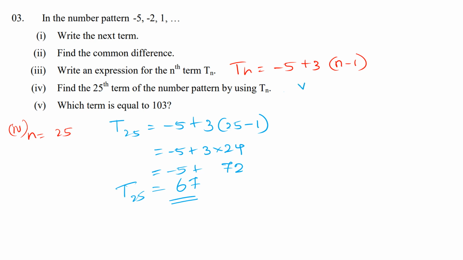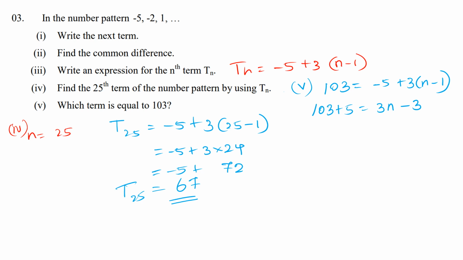So in the question part 5, which term is equal to 103? We can say 103 is equal to minus 5 plus 3 into n minus 1. So we have to find n here. You can take minus 5 here, that means 103 plus 5 is equal to 3n minus 3.